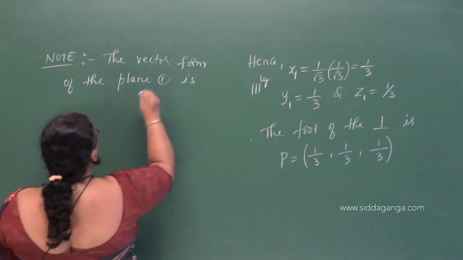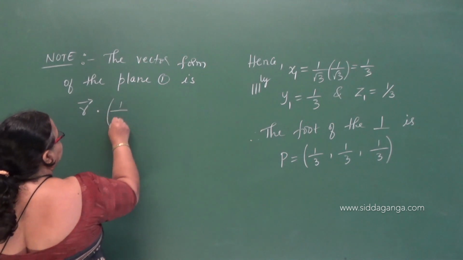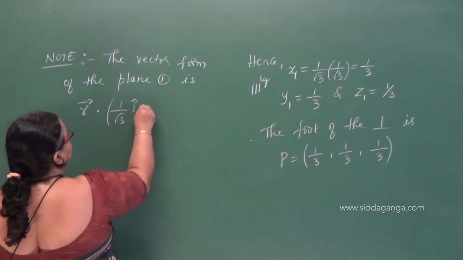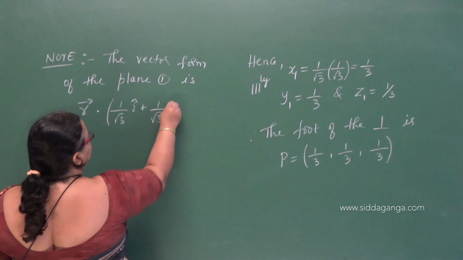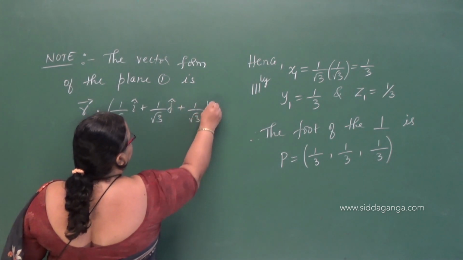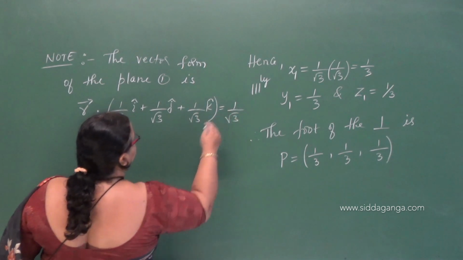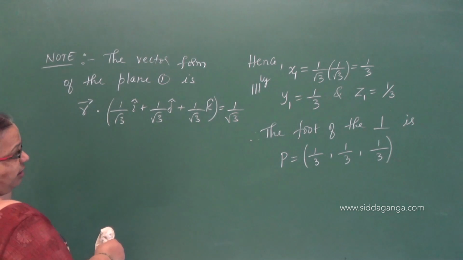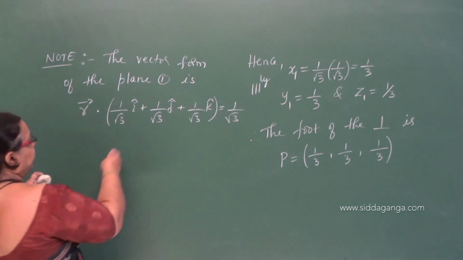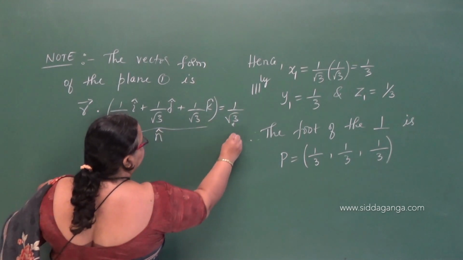The vector form of the plane is vector r dot 1 by root 3 into i cap plus 1 by root 3 into j cap plus 1 by root 3 into k cap equal to 1 by root 3. So here, this is n cap and this is the d value.